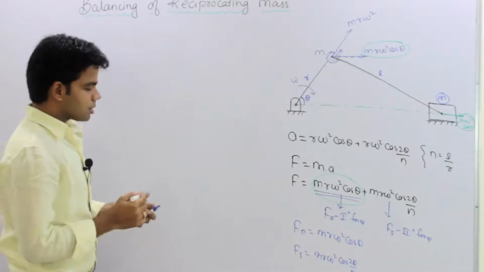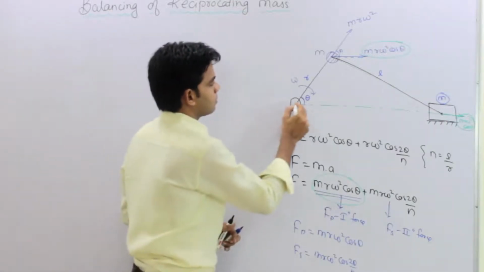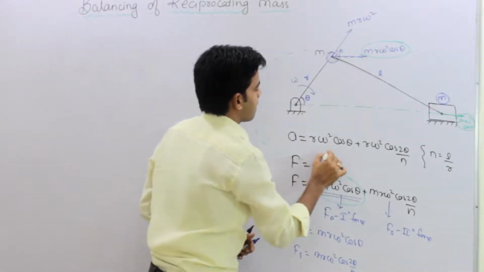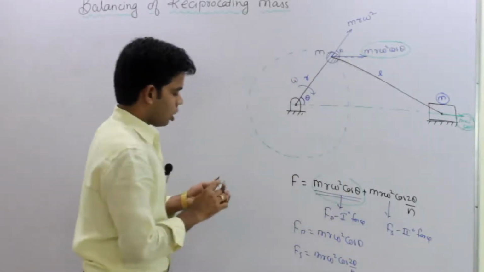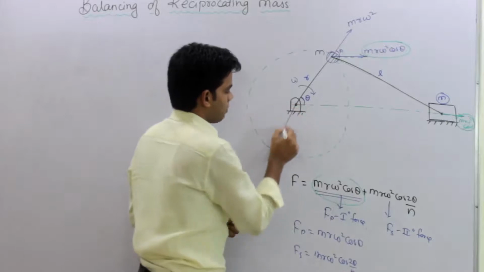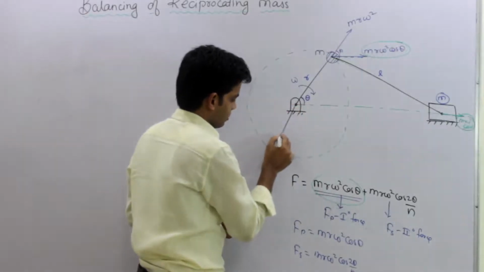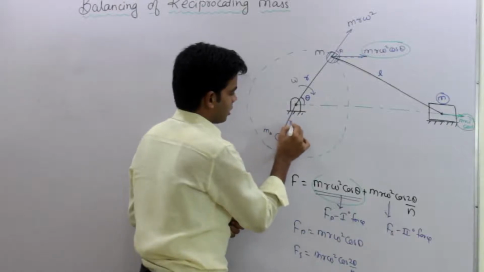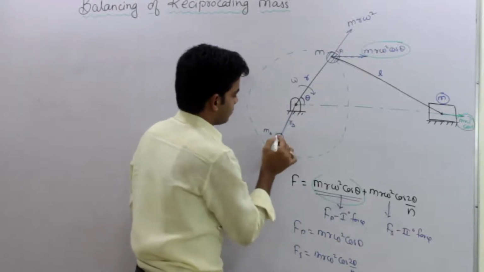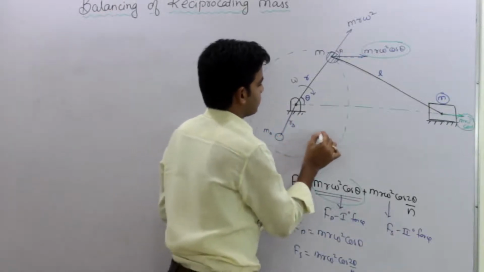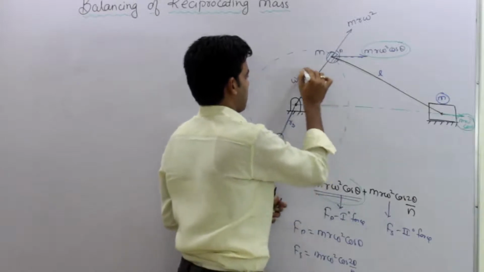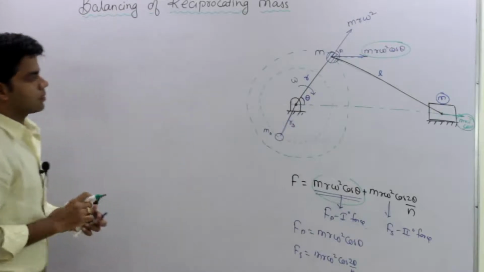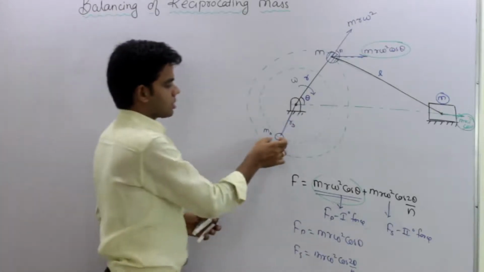For this, suppose this is rotating at a radius r. Now we can assume a balancing mass, suppose mb, which is rotating at a radius rb. Clear or not? Okay, so this is a balancing mass.